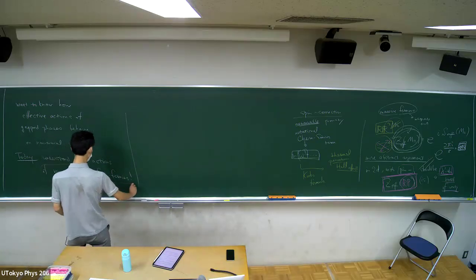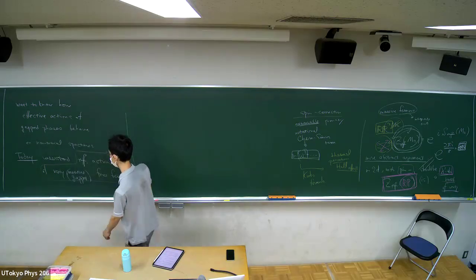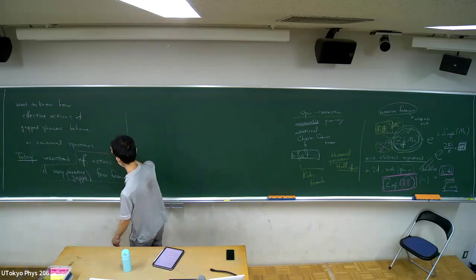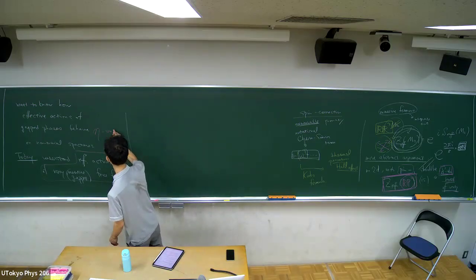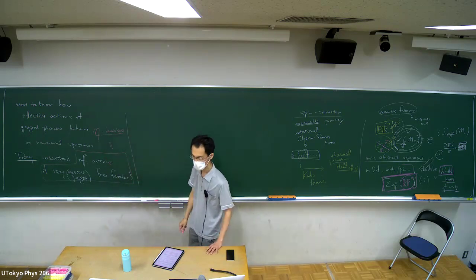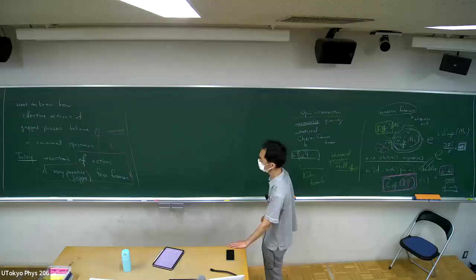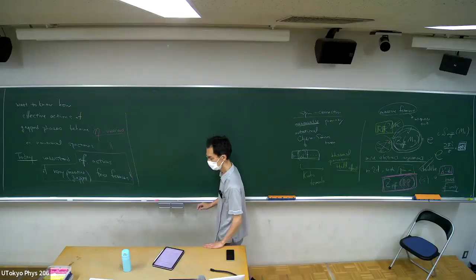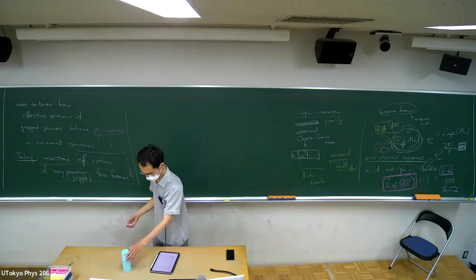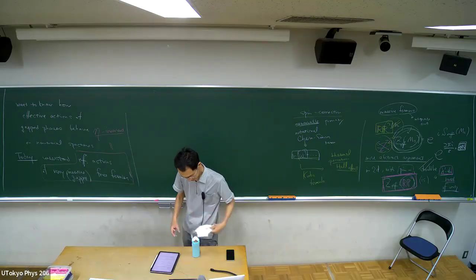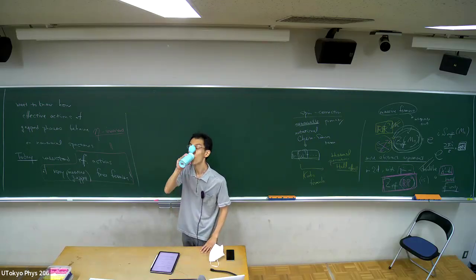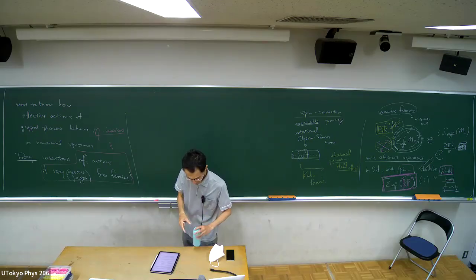And this effective action, the phase part of the effective action of a very massive free fermion, is known in the mathematical literature as the eta invariant, introduced by Atiyah, Patodi and Singer in the 70s, if I remember correctly. And it has appeared in physics a couple of times since then.